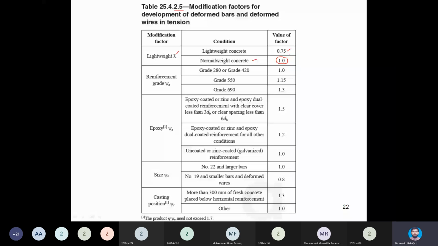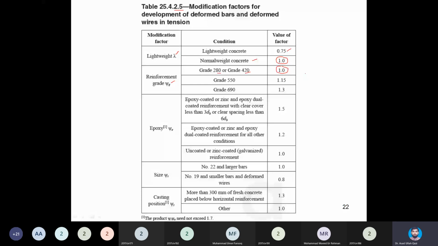In addition, in the numerator, there was one factor, psi g. G stands for grade, reinforcement grade. For all bars of grade 420 and less, this will remain neutral, so your LD will be unaltered because psi g will remain 1.